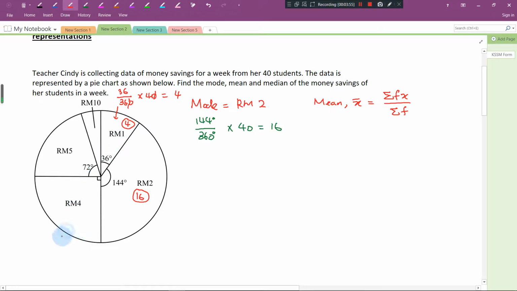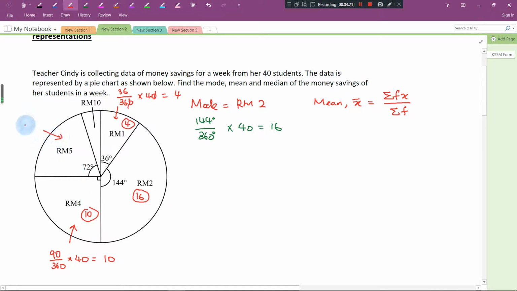So how about this one? A full turn, 360, and this sector takes up 90 degrees. Okay, times 40, 40 is the total number of students. 90 divided by 360 times 40. So this is 10, right over here, 10 students.